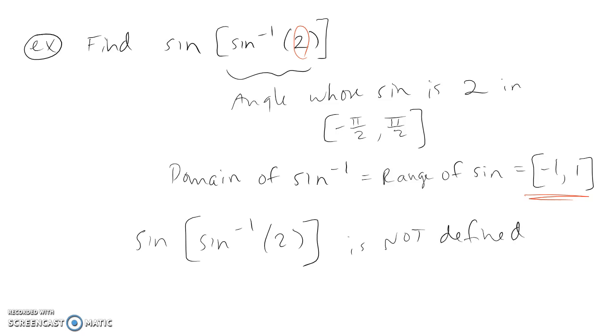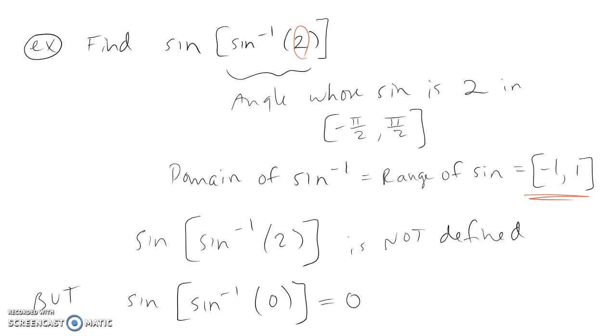Now if we said sine of sine inverse of, let's pick something in there, 0, then that will equal 0, right?